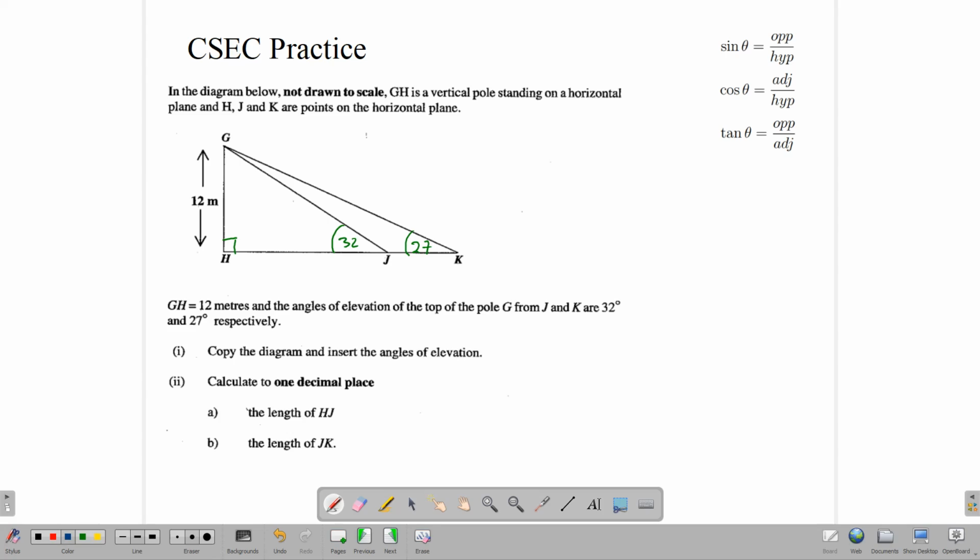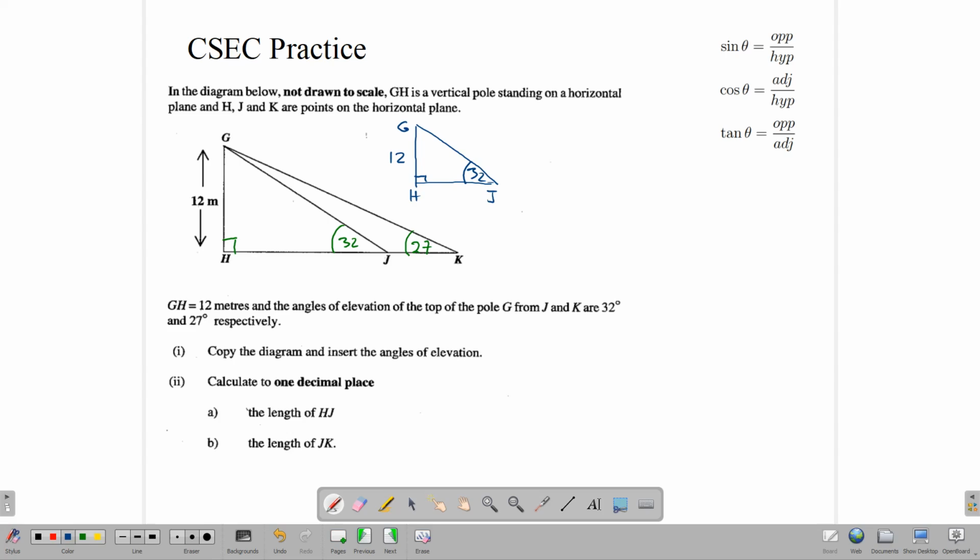So let's just cut out that triangle and draw it. This is to emphasize how useful it is to separate the diagrams when you're looking at them. So this is G, this is H, this is J, and that angle there is 32. And we want to find HJ here.